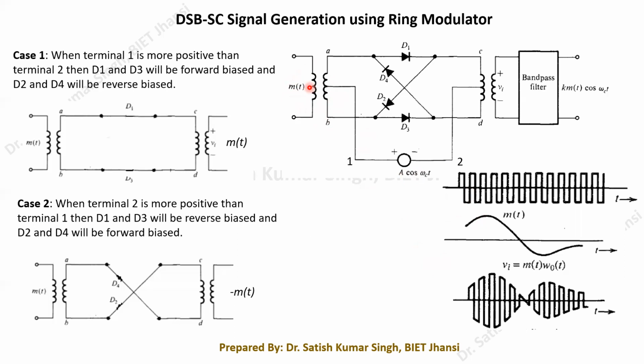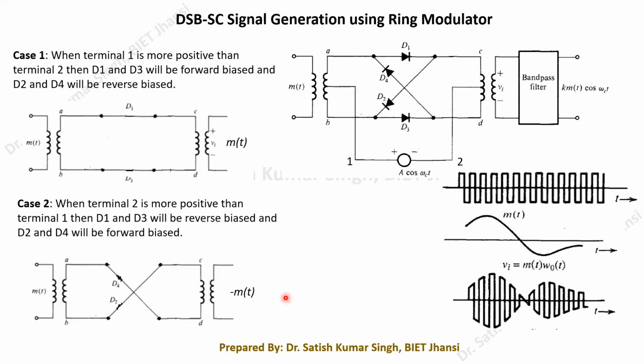It is an audio frequency transformer, so that only this m(t) can be transferred by transformer action from this winding to this winding. At the same time this transformer will act as an open circuit for this particular square wave, because at that very high frequency it will be acting as an open circuit. This is how we control the design.